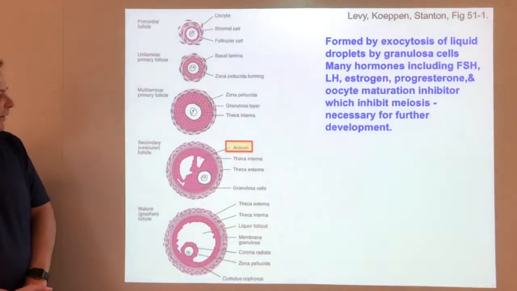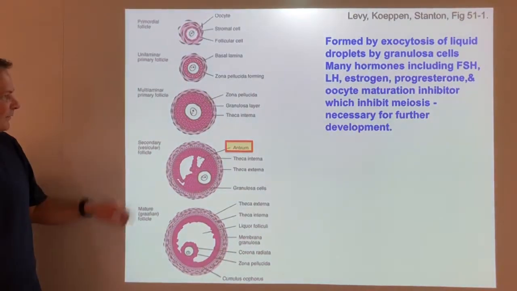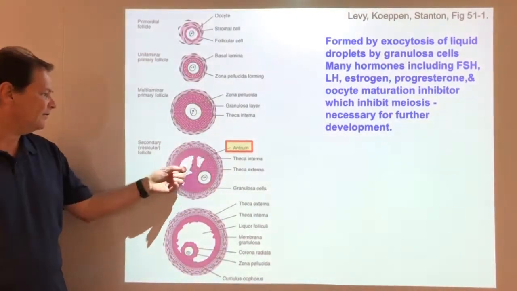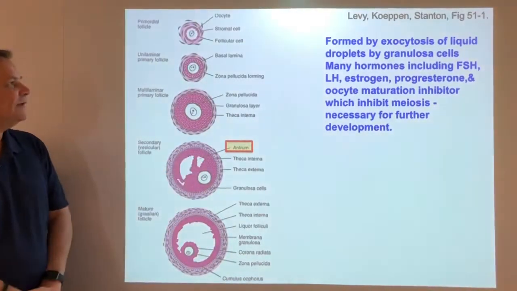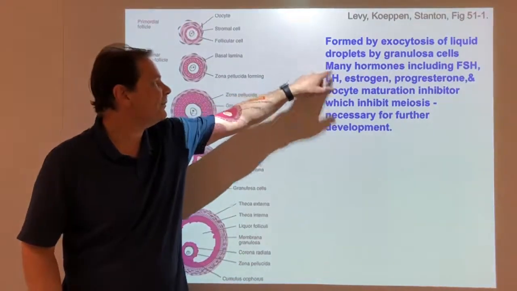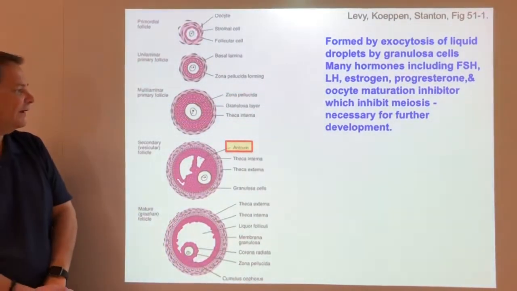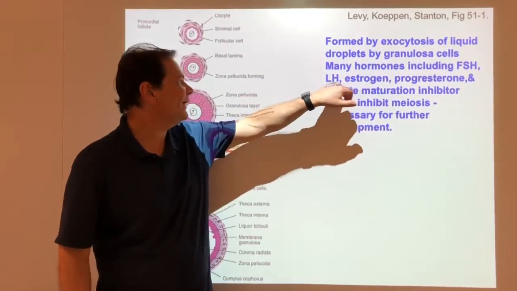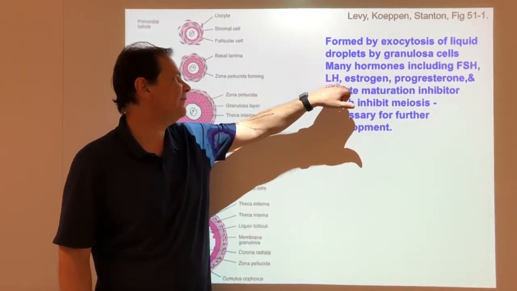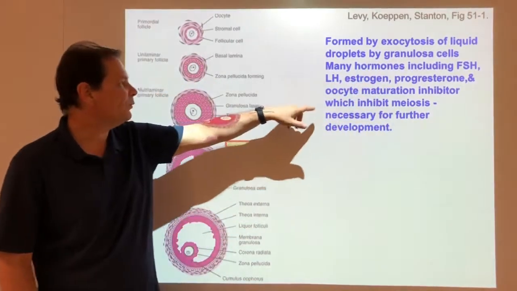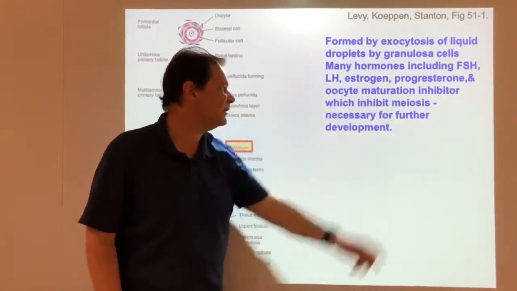We then progress to the secondary follicular level, and here we see the development of antrums. These are formed by exocytosis of liquid droplets from the granulosa cells, and that liquid is actually fairly important. It has a lot of hormones in it, including FSH and LH, estrogen, progesterone, and perhaps most importantly, oocyte maturation inhibitor.